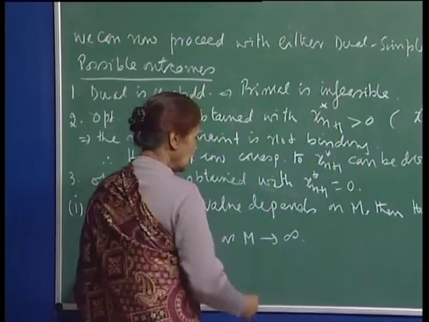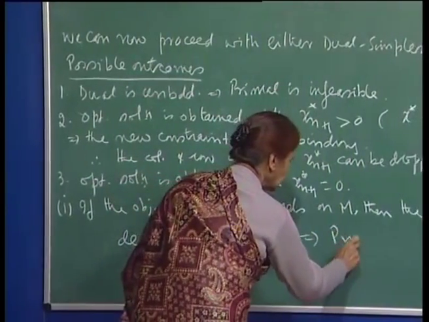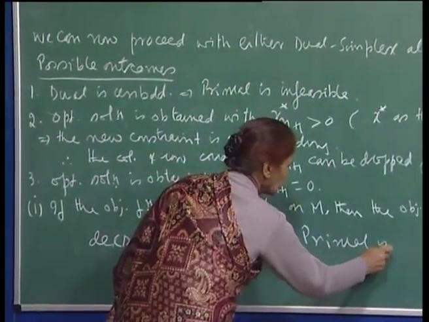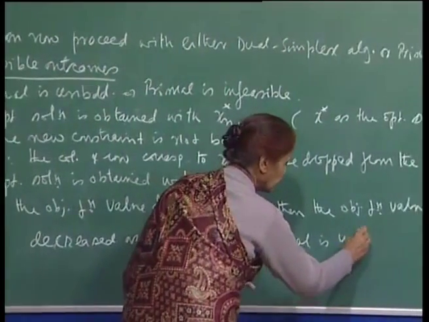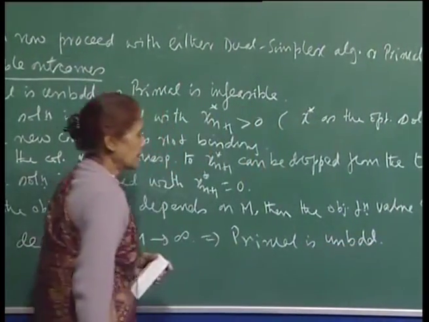As M goes to infinity, this will imply that the primal is unbounded. Fine.